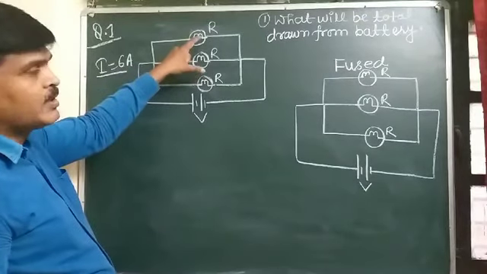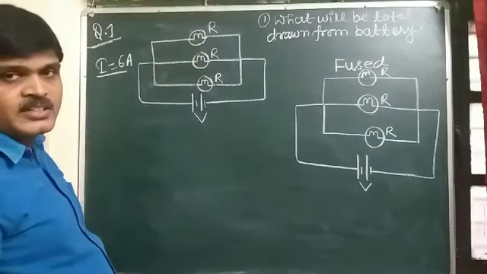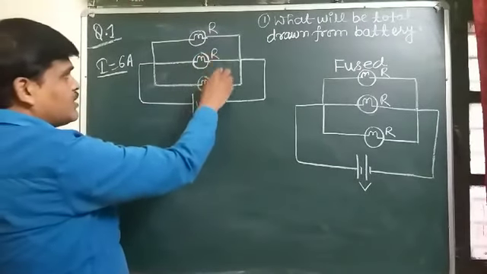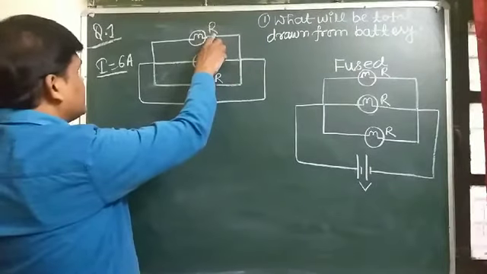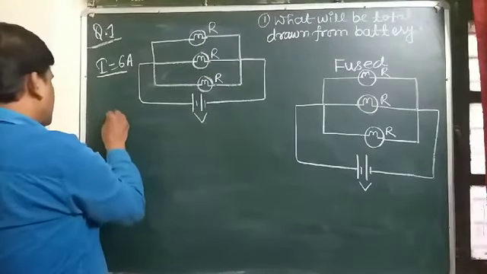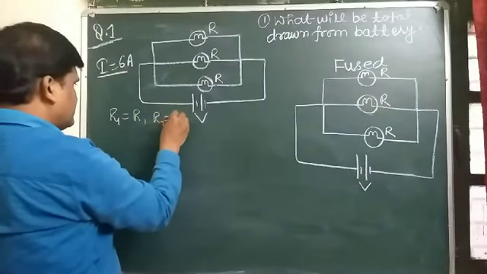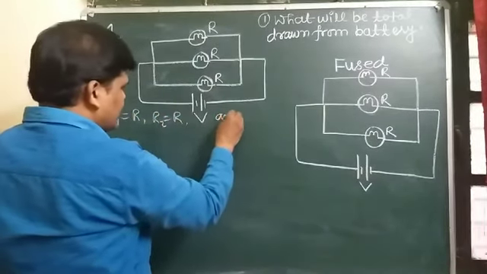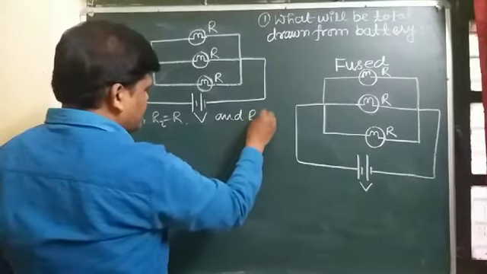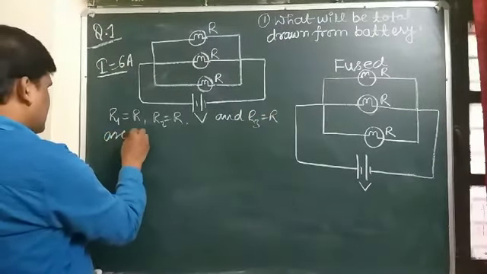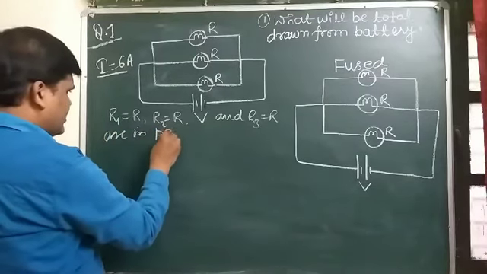First we find the equivalent resistance of the circuit. Suppose R1 equals R, R2 equals R, and R3 equals R, connected in parallel.